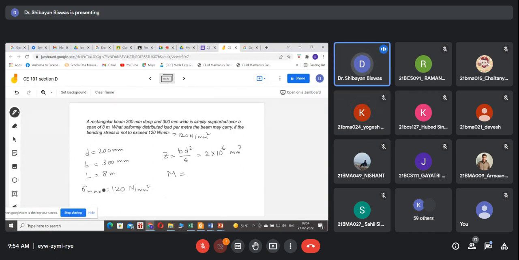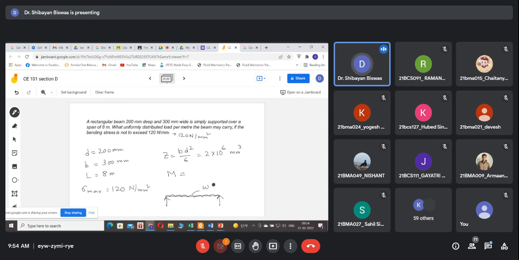Okay, those things are fine. Sigma max by Z, but here we want to know the W. So the bending moment we need to know. First of all, this is a simply supported beam. Simply supported beam looks like this, and the load is a uniformly distributed load.